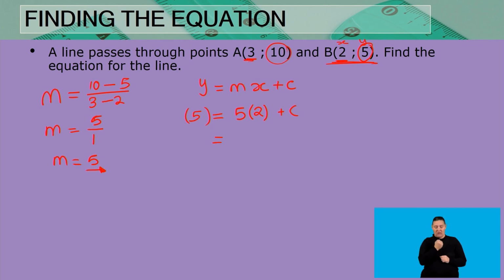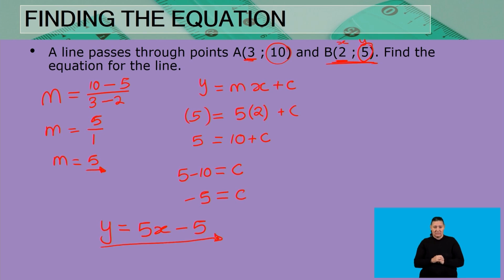And we are going to calculate based on that. 5 multiplied by 2 is 10 plus c. We are going to use the additive inverse of a positive 10 to find that value. So 5 minus 10 is a negative 5. Our gradient is 5 and our y-intercept is a negative 5. And that is our equation for this line.